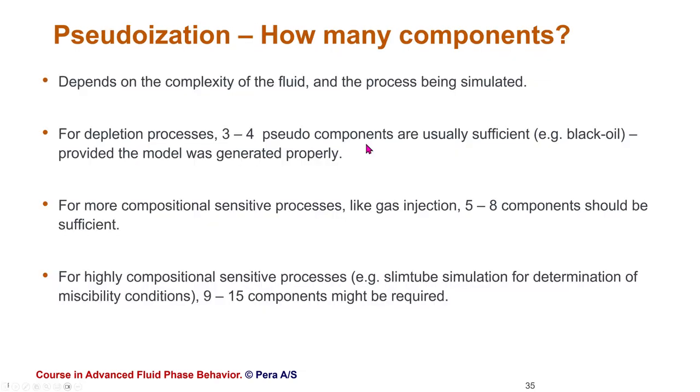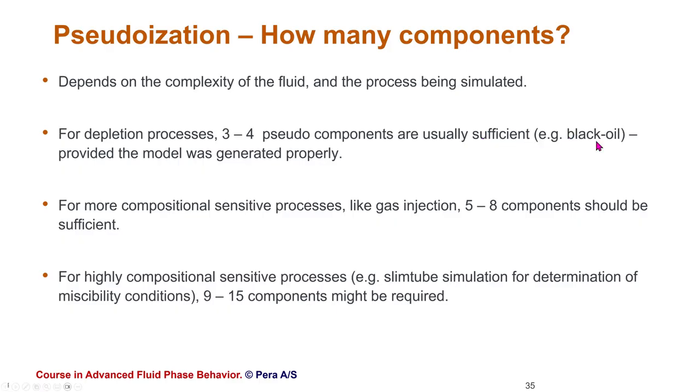So another idea is just to compare. Basically, there is no science behind these, more practical clues that I want to share with you. For example, for a depletion process, for lean gas production, dry gas production, maybe 3 or 4 pseudo components are sufficient.